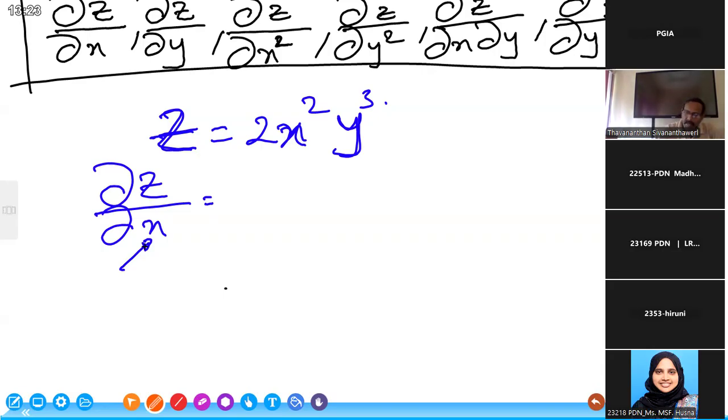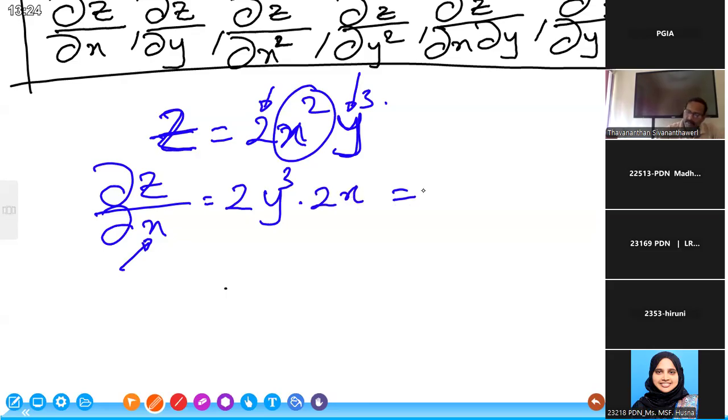Already 2 is constant, and y also will be treated as constant. So we keep the constant 2y cubed first, then differentiate x squared, which gives 2x. So it equals 4xy cubed. That is the answer, the partial derivative of z with respect to x.